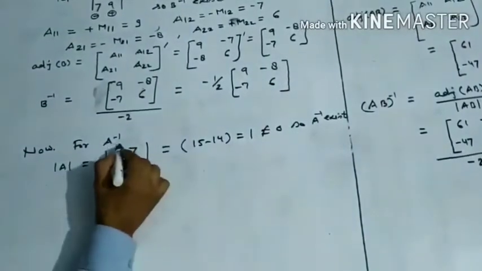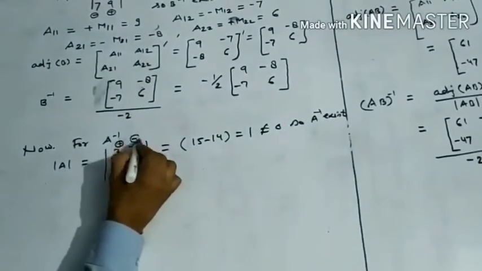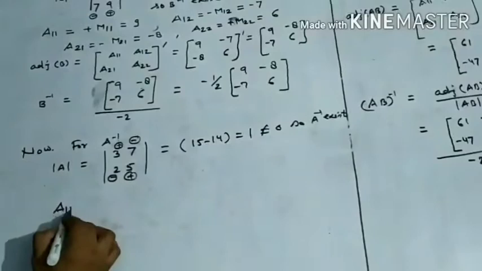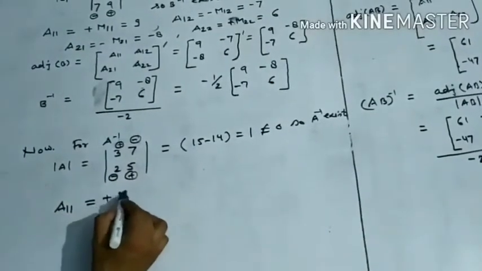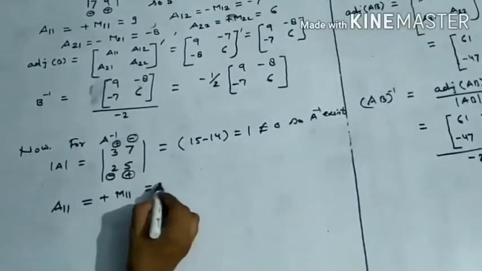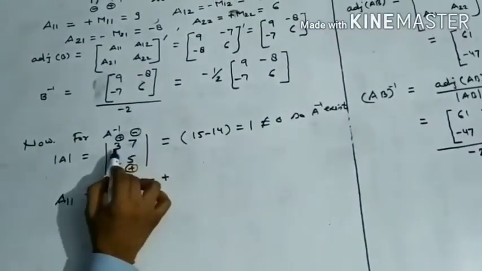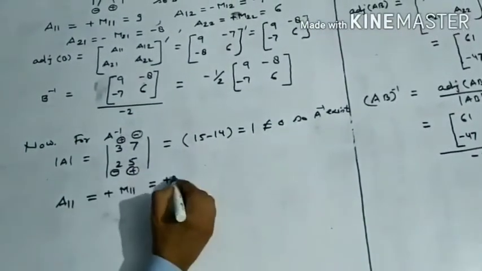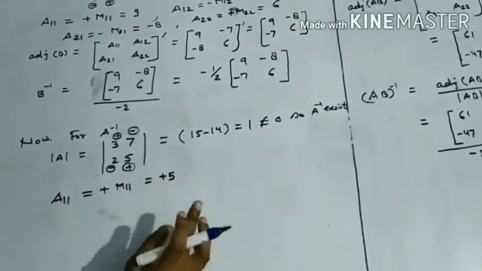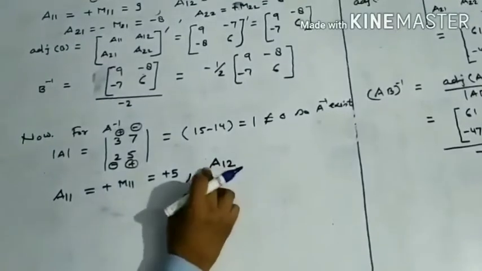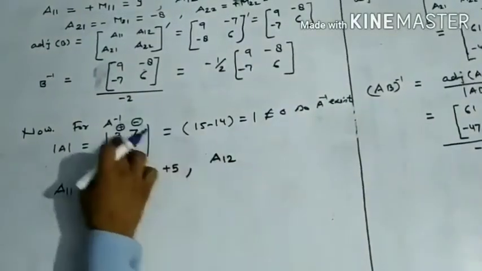So for that we are making the signs plus, minus, minus, and then plus. So A11 is equal to plus M11, or this is equal to plus, leave first row and first column, so 5, this is plus 5, or simply 5. Now A12 means the cofactor of the element of the first row and second column, which is 7.